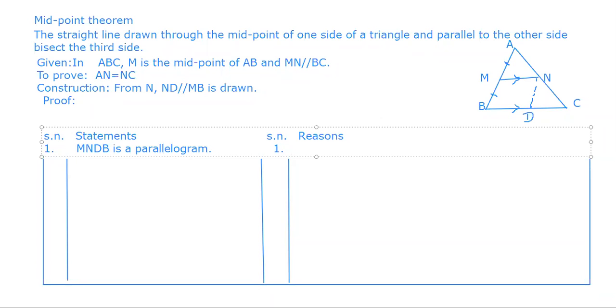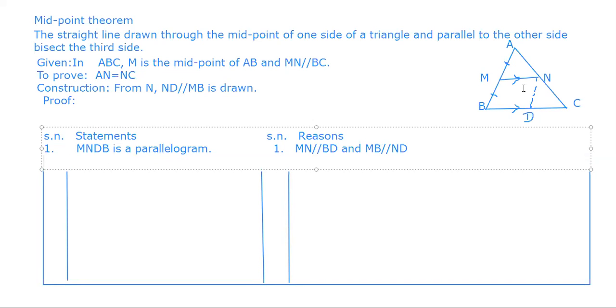The reason is MN is parallel to BD and MB is parallel to ND.